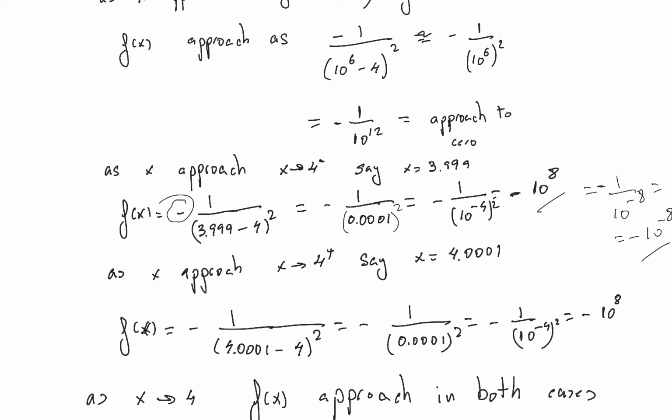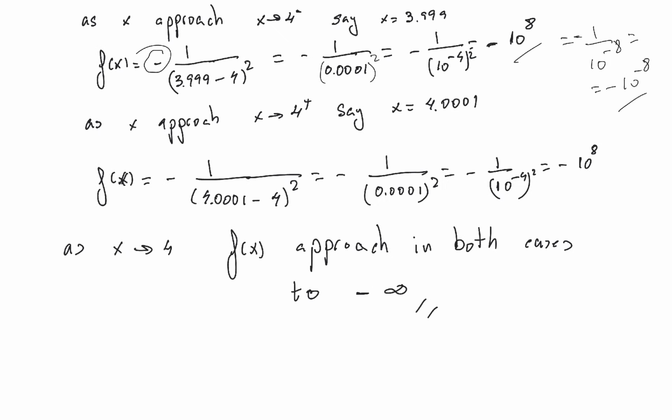What happens if I approach 4 from the right? So I approach from 4 positive, with the number 4.0001. To what will the function approach? It will approach a big number that is also negative.